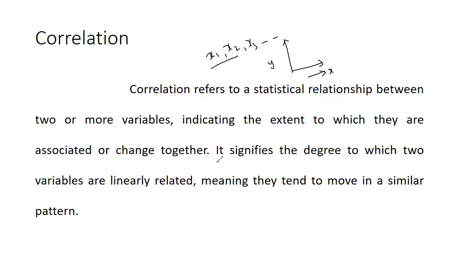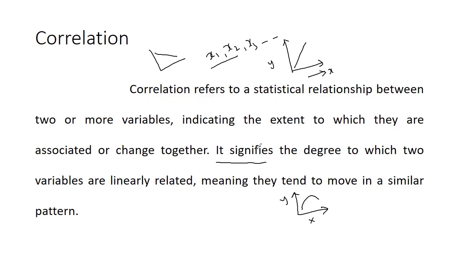So it signifies the degree to which two variables are linearly related. This is a linear relationship between the two variables, and this is also a linear relationship. This relationship is not linear between the two variables. It is a non-linear relationship.